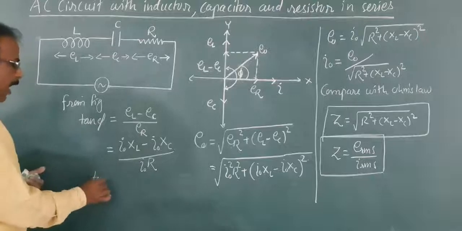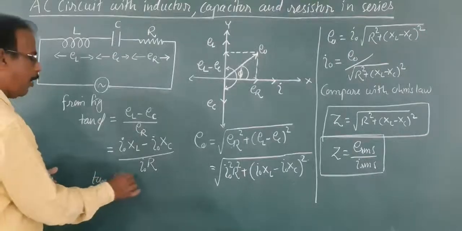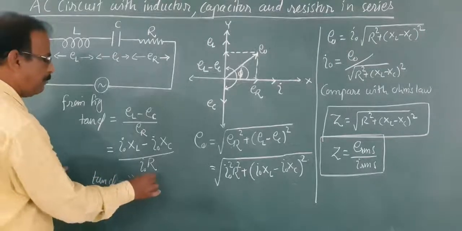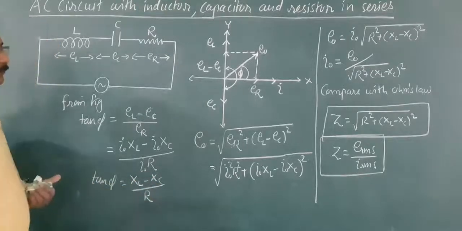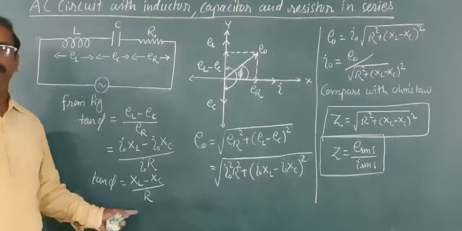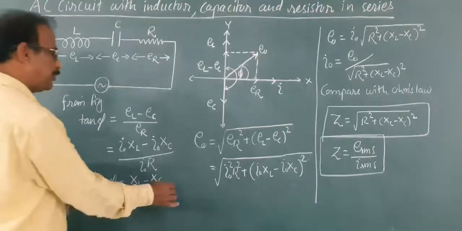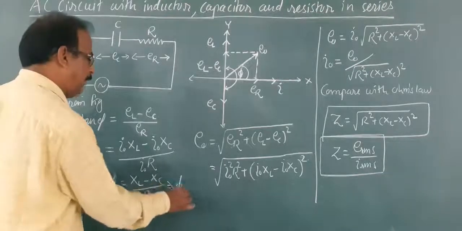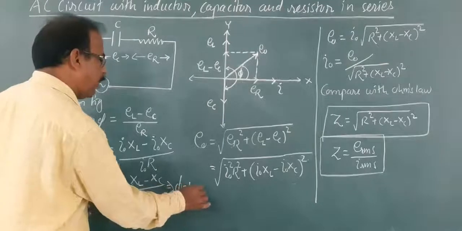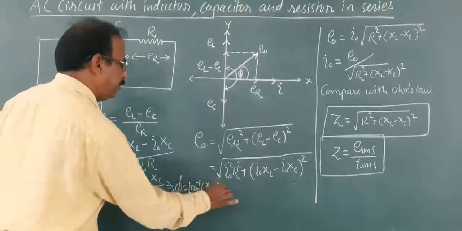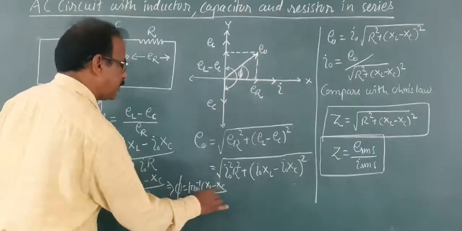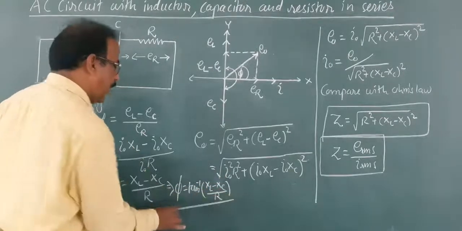We get tan phi equal to how much? XL minus XC upon R. Tan phi comes equal to this. From this we can write phi equals tan inverse of XL minus XC upon R.